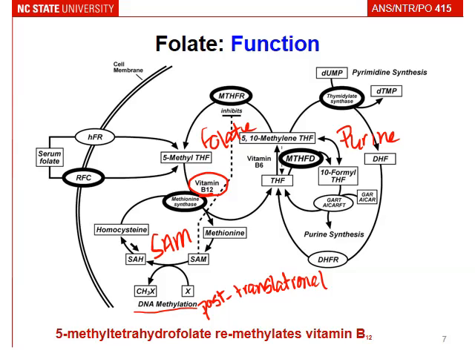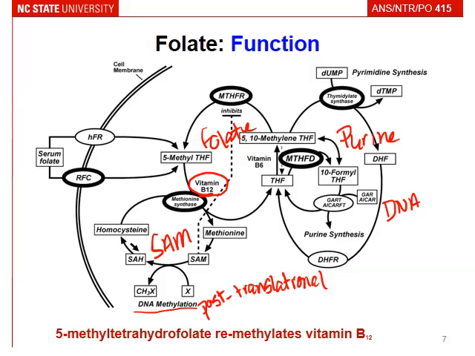Then over here with our purine and pyrimidine synthesis, you can see that folate is needed for the synthesis of our pyrimidines and purines, and this is for actually making our DNA.